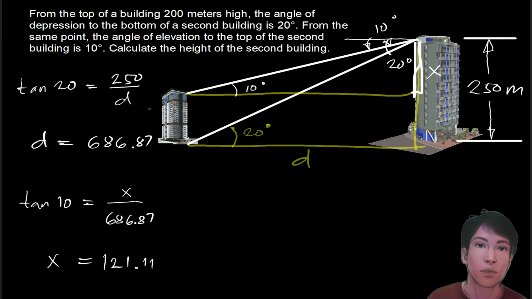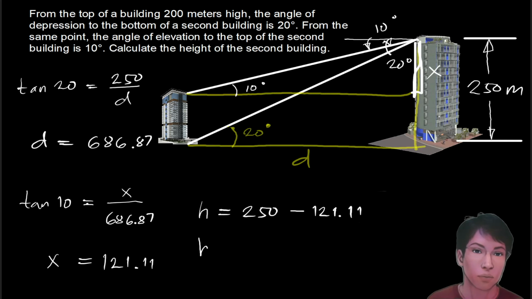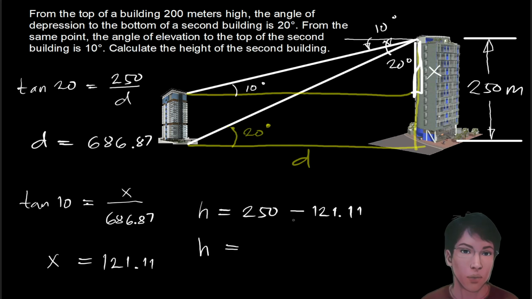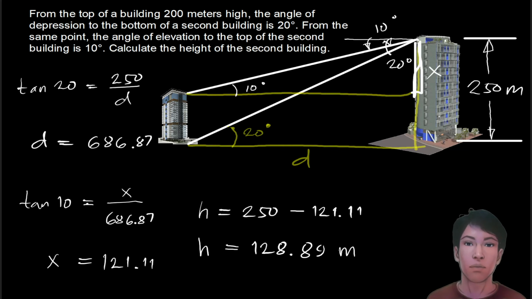We can now solve for the height of the second building, which is simply 250 minus x, so 121.11. So the height of the building is 128.89 meters.